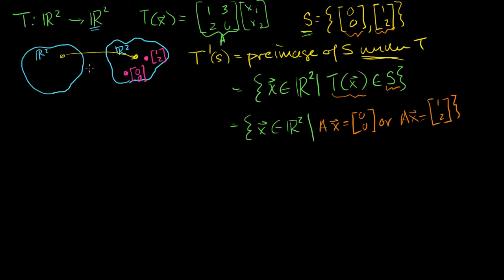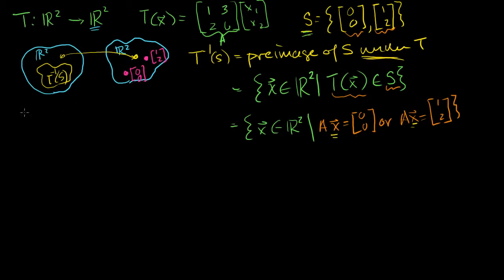So if we want to determine the preimage of S under T, we essentially have to find all of the x's that satisfy these two equations.